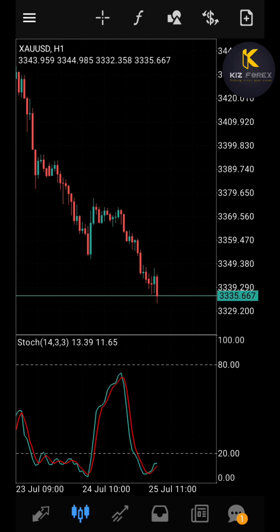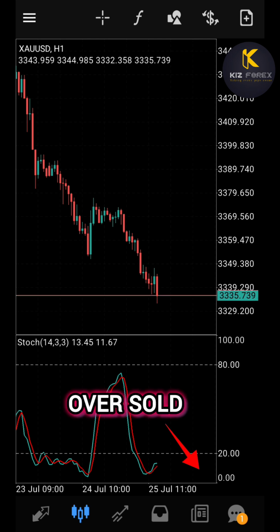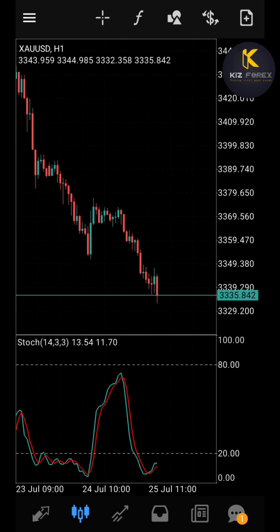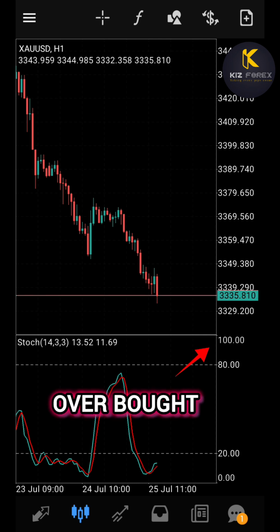So now how do you use this indicator? Very simple. Now the basic thing you need to understand concerning this indicator is that stochastic oscillator, we have from number 1 to 100. Now this number 1 to 100, from number 20 to 0, it's called oversold, and then from number 80 to 100 is called overbought.